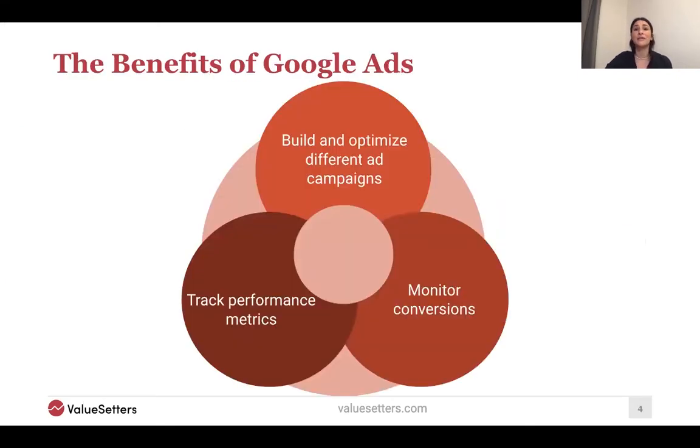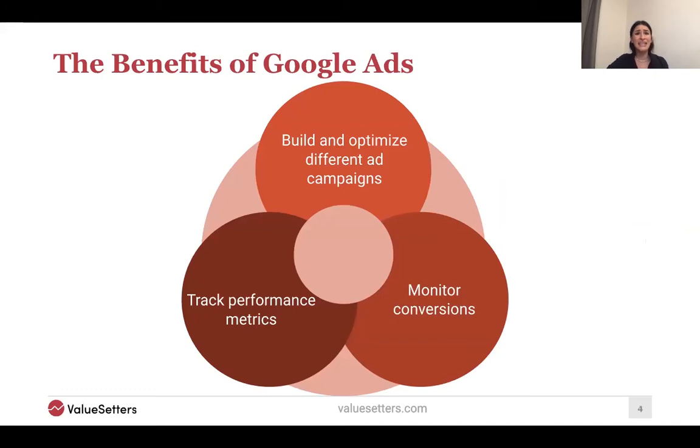So what are the benefits of Google Ads? The platform allows marketers to build and optimize ad campaigns. These campaigns go live, and then we can use Google Ads to track a variety of performance metrics, monitor unique conversions, and capture data that provides continuous learning and helps us optimize and grow in efficiency.